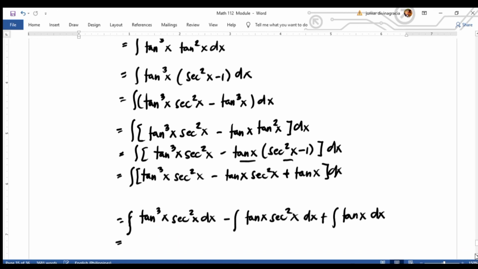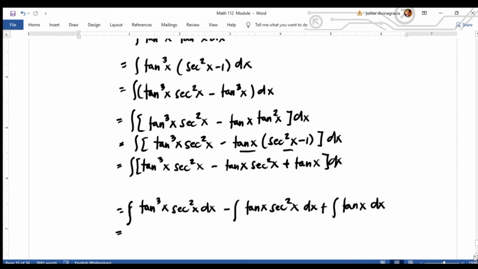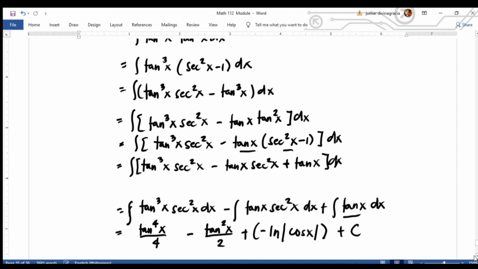So for the first term, the integral of tangent to the power of 3 of x secant square of x is equal to tangent to the power of 4 of x over 4 minus tangent of 2 of x over 2, and for the integral of tangent of x, we have negative ln of cosine x plus constant, or we can rewrite this one.